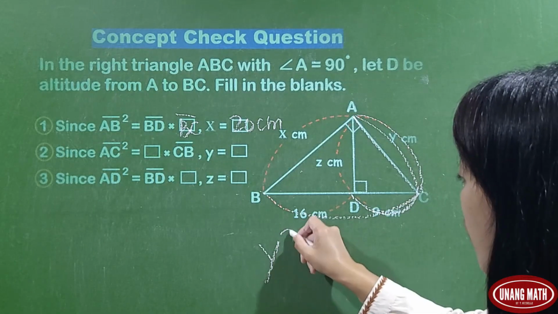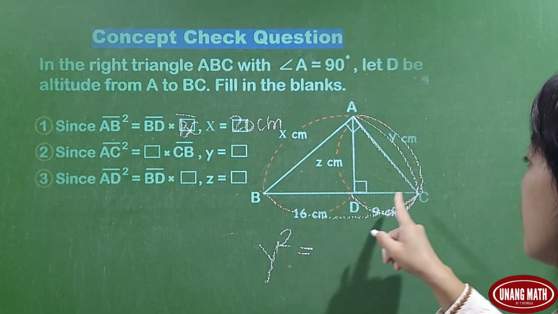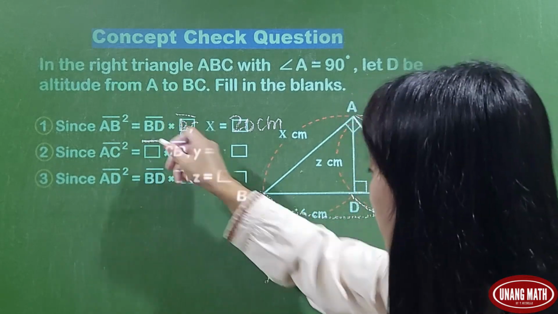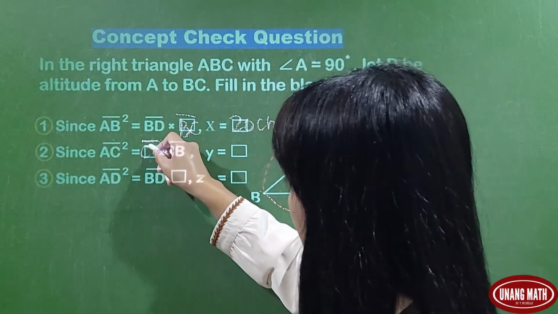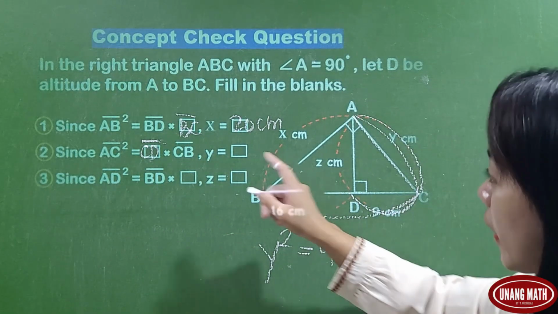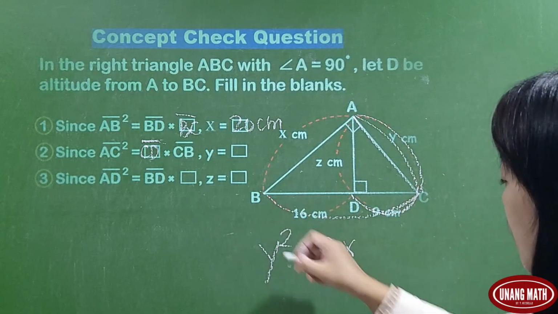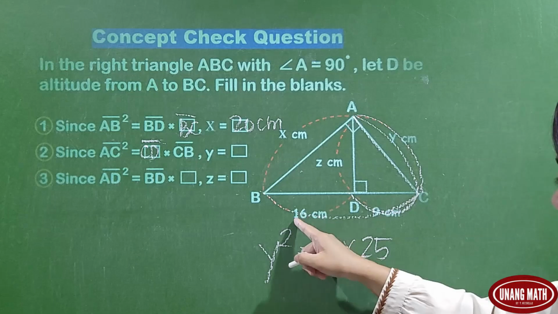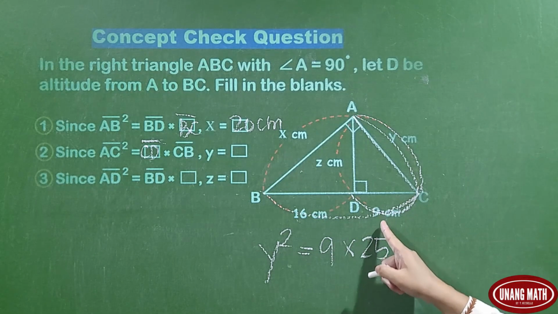So we now have y squared. So this is segment CD. CD is 9 centimeters, times segment CB, which is 25 centimeters. 16 plus 9 or 9 plus 16, that's going to be 25.